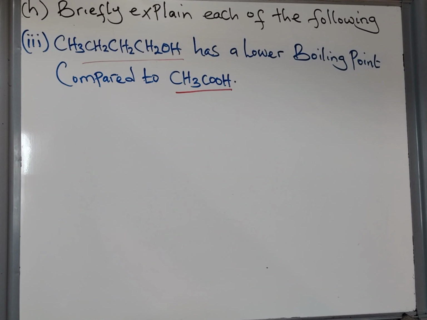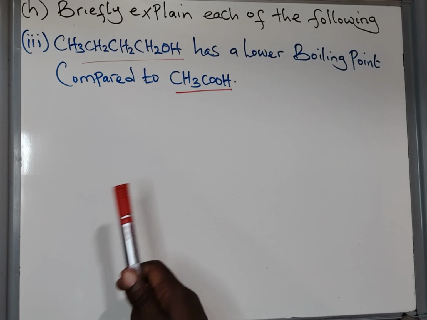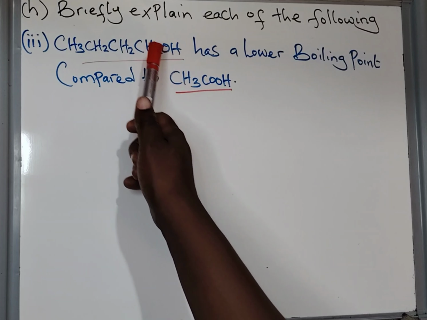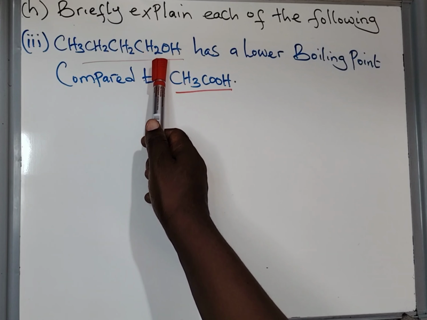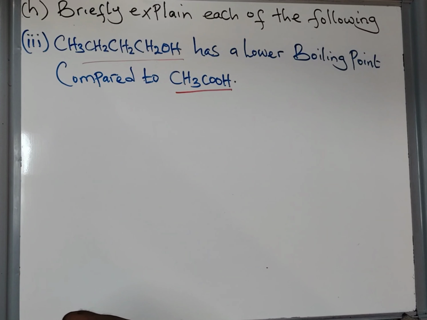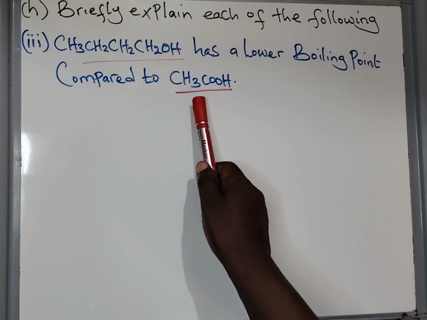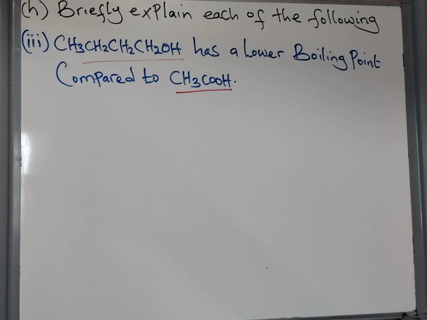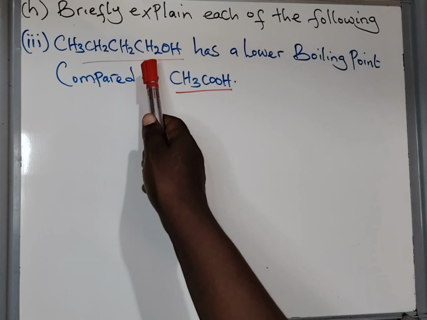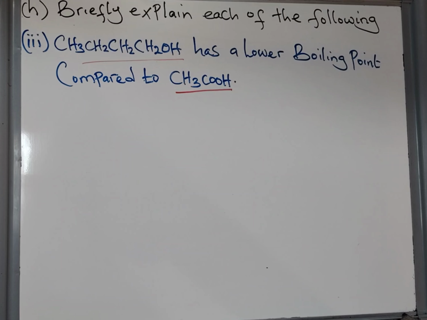Okay, we have to understand that both compounds have hydrogen bonds. Alcohols are very polar molecules. Carboxylic acids are also polar. And so because of that strong polarity, both of them have hydrogen bonds. So what is causing the difference?